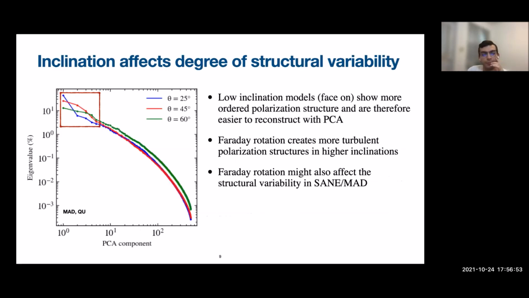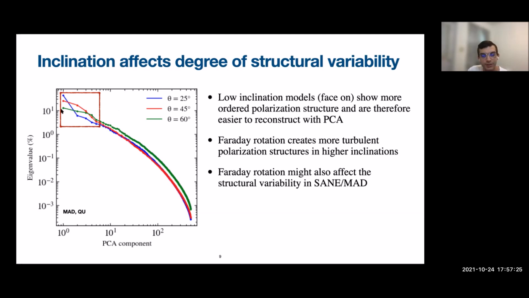We also compared these curves between the inclinations, and we found that the inclinations of the black hole do affect the degree of structural variability. So from this plot over here, specifically in this region, and using the same idea as the previous plot of the very first eigenvalue, what we found is that low inclination models tend to be less structurally variable than higher inclination models.